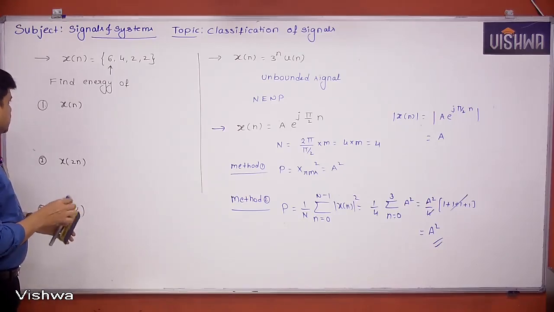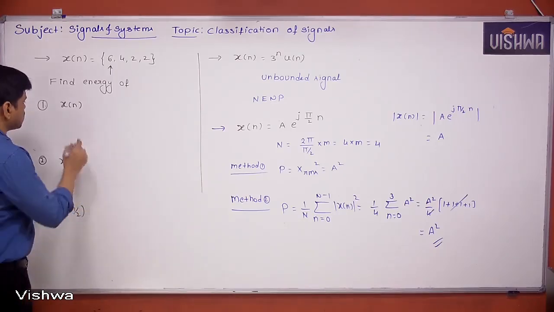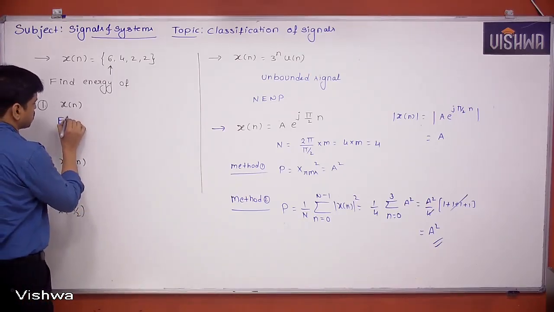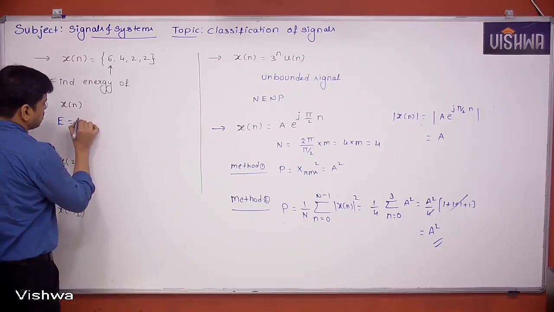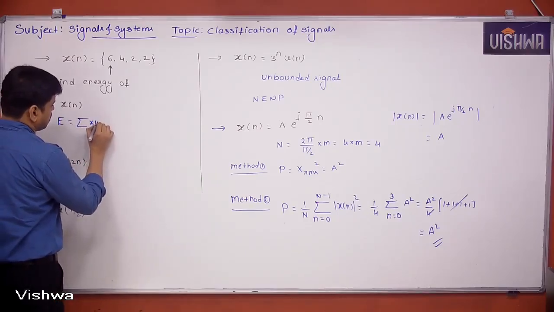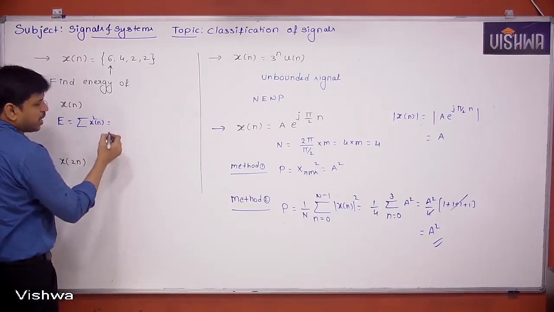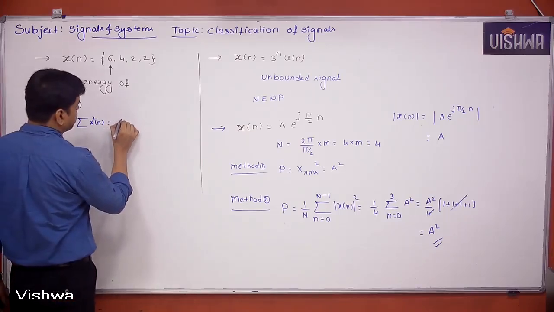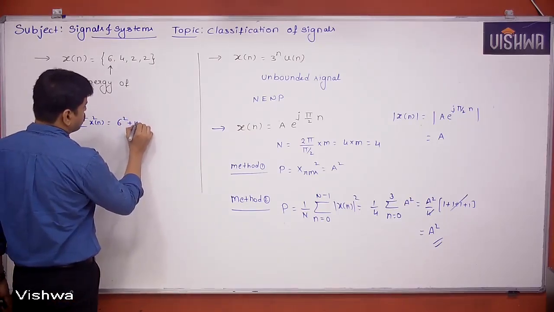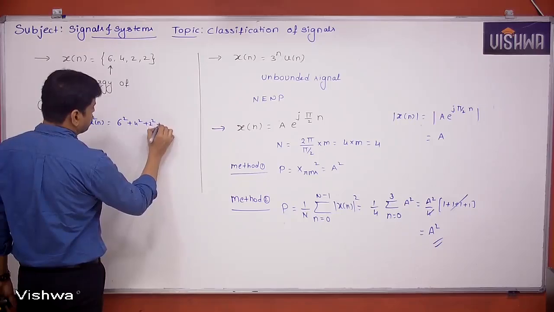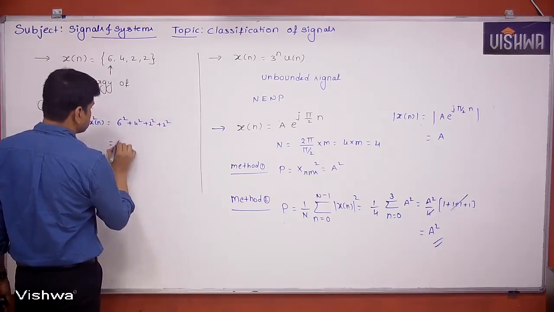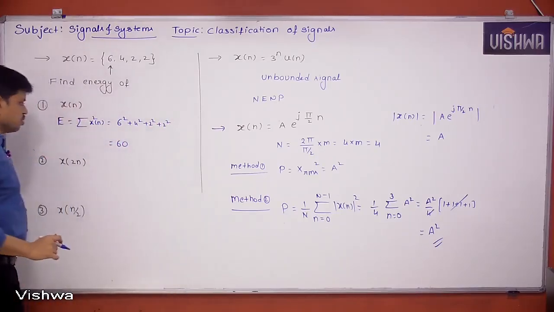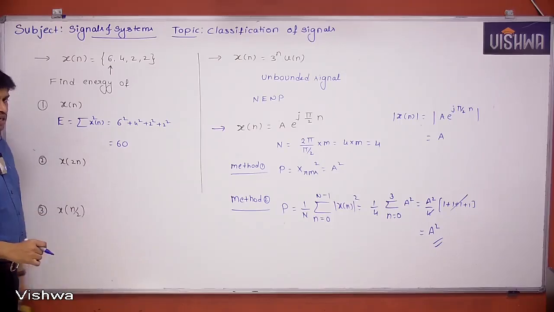Directly, the energy formula is nothing but summation x of n square. That means we have to square and sum: 6 square, 4 square, 2 square plus 2 square, which is nothing but 60. Now, x of 2n, how much is the energy?